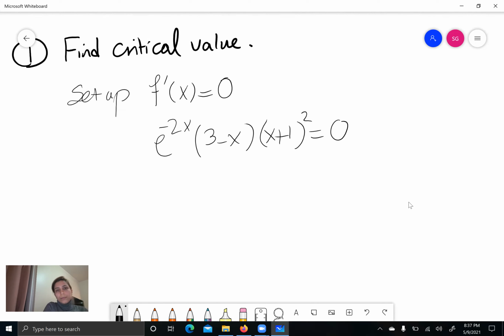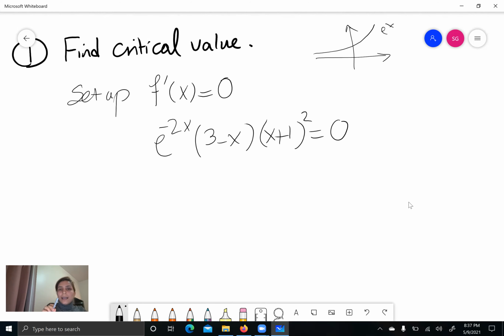Notice that e to the negative 2x is an exponential function. Exponential function is never 0. Remember, this is the graph of an exponential function. It's always above the x-axis. So that's not going to be 0.